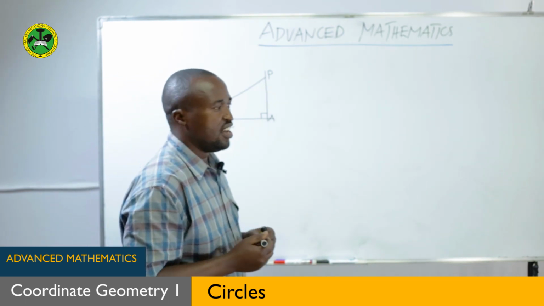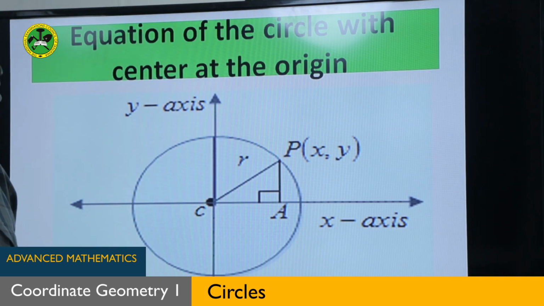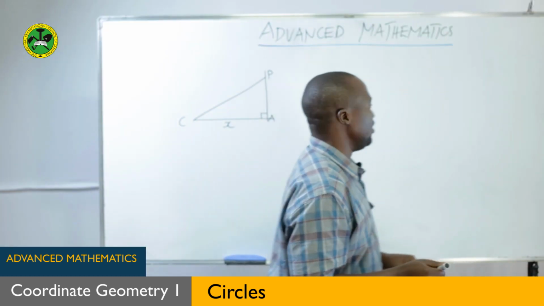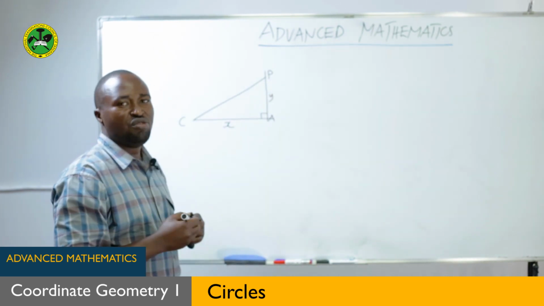And again the distance from A to P, that is the vertical distance, call it Y. So this one is equal to Y. You can say that is Y units.